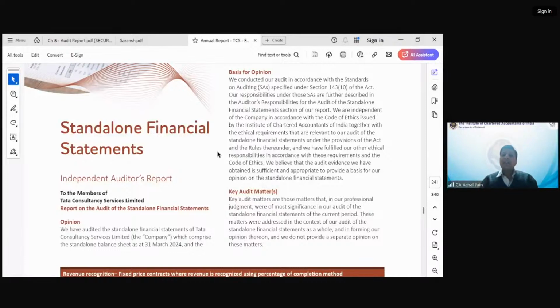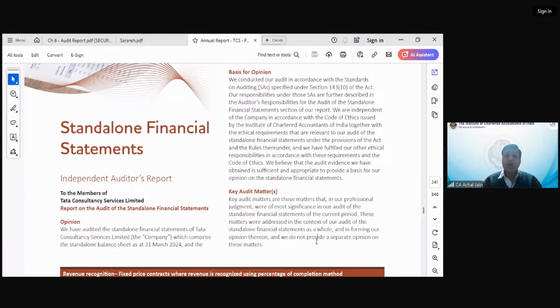Okay. All right. So now, the auditor is saying key audit matters. First of all, he is explaining those are matters that in our professional judgment were of the most significance in our audit of the financial statements of the current period. These matters were addressed in the context of our audit of the financial statements as a whole and in forming our opinion thereon.